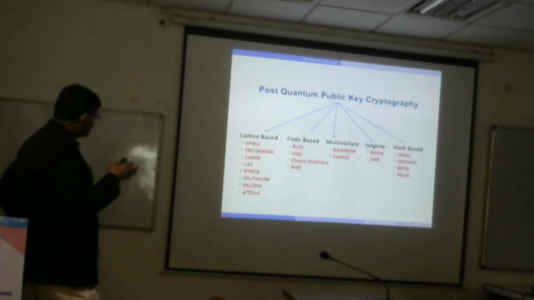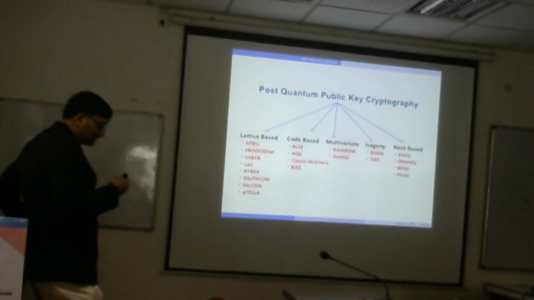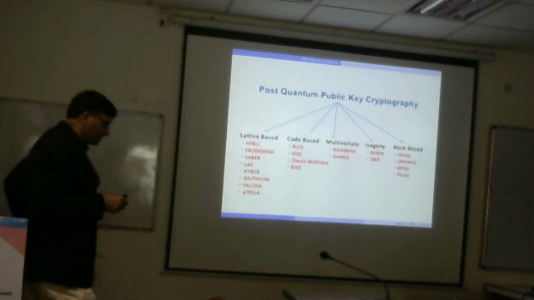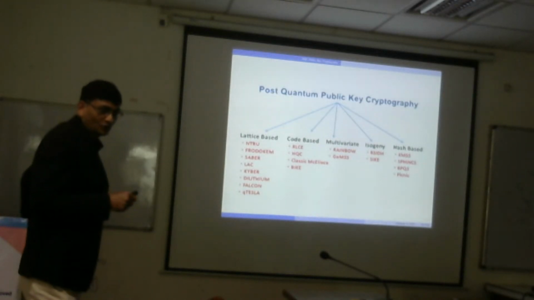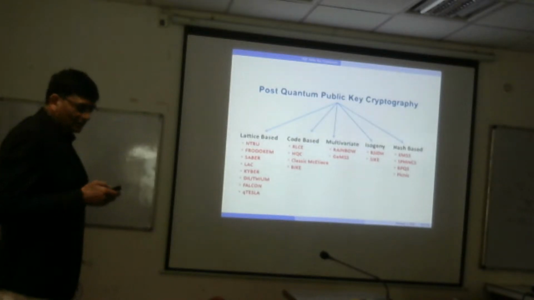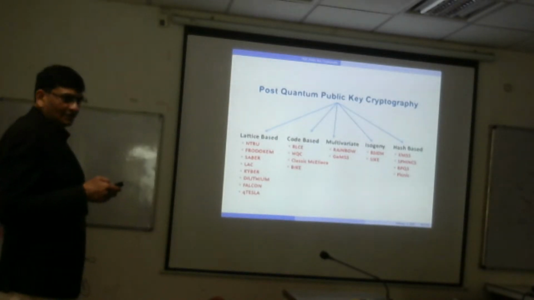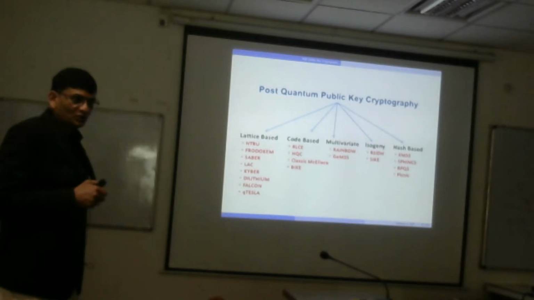But sometimes, because these schemes were submitted recently, people are trying to find weakness from other angles, in addition to the mathematical hard problem, because the mathematical hard problem is difficult to solve, and we don't have any algorithm which can solve it in polynomial time.